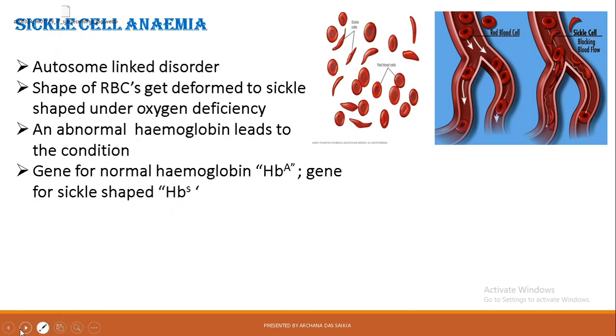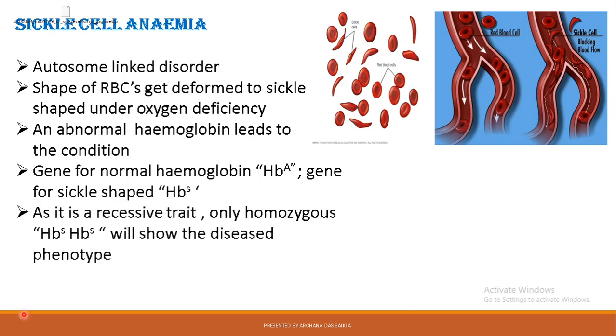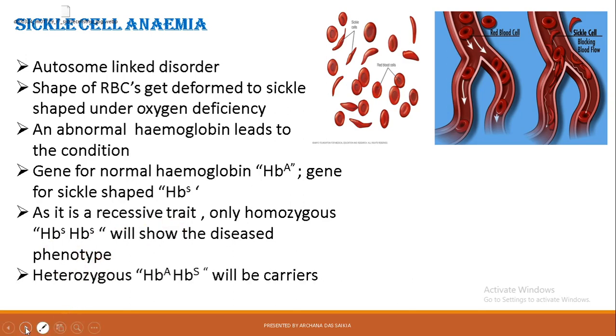This is an autosome linked recessive disorder. As it is a recessive trait, only homozygous individuals will show the diseased phenotype, as I just mentioned. Heterozygous forms will be the carriers. So take parent carriers, HbA HbS and HbA HbS.